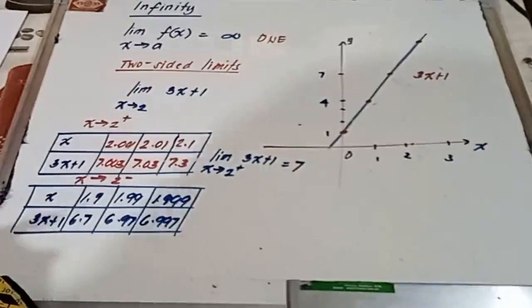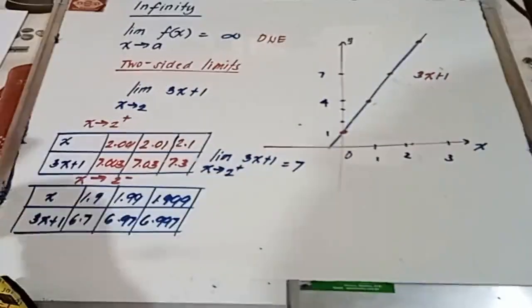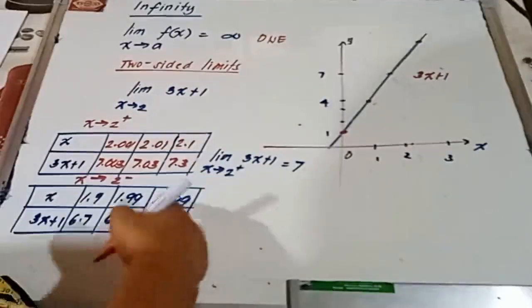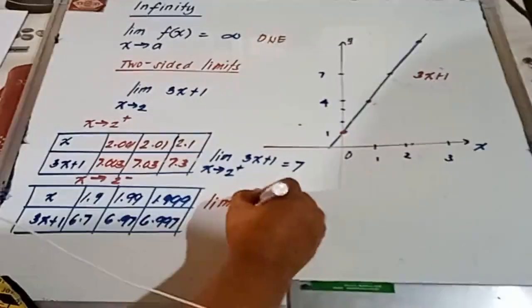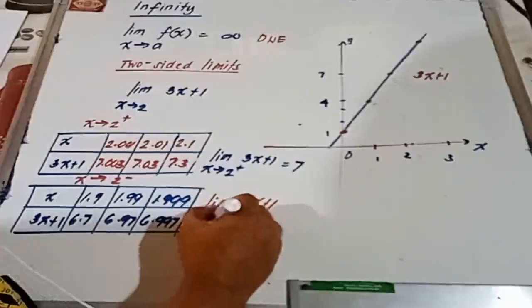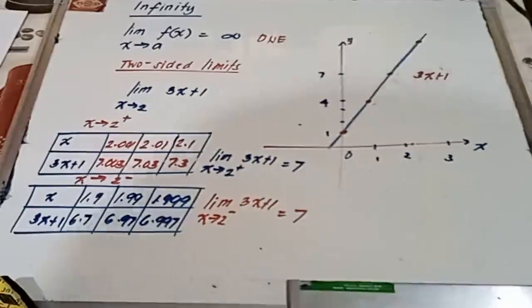Ayan. So, mapapansin natin, as x approaches 2 to the left, papalapit siya sa 7. So, the limit of 3x plus 1 as x approaches 2 to the left is also equal to 7. Anong conclusion natin?